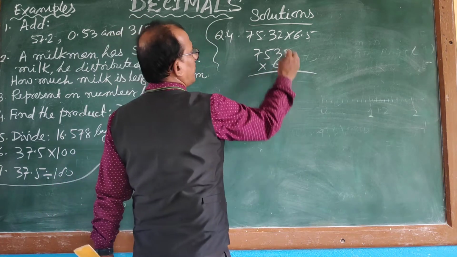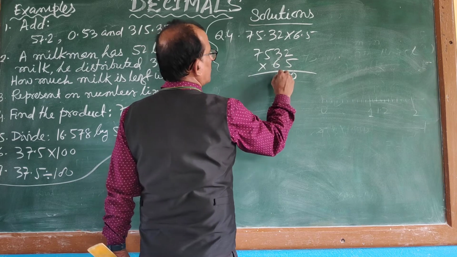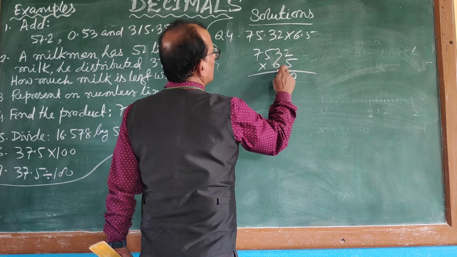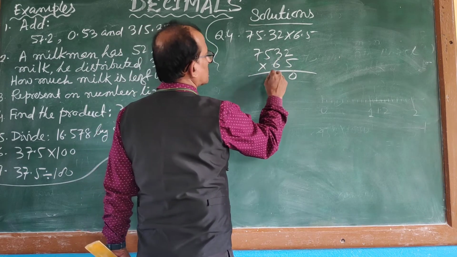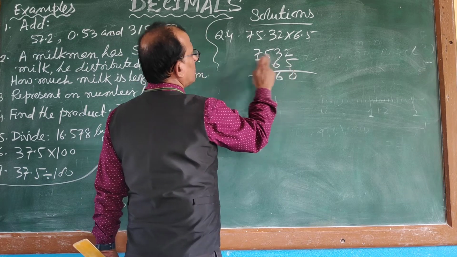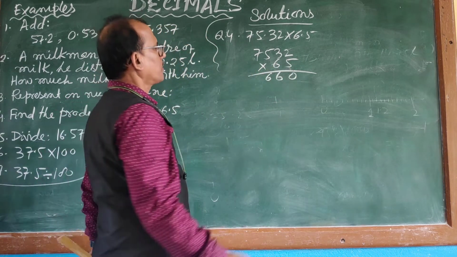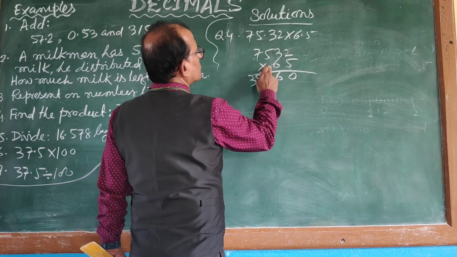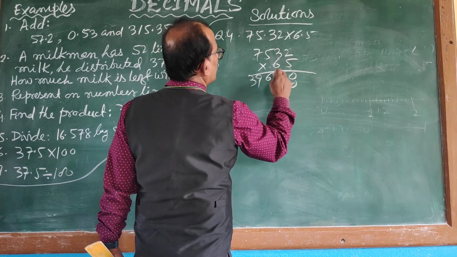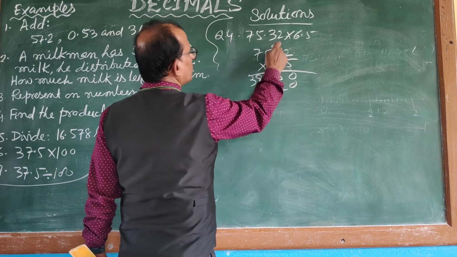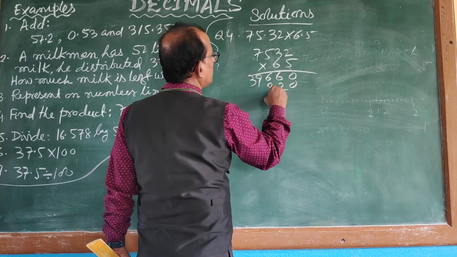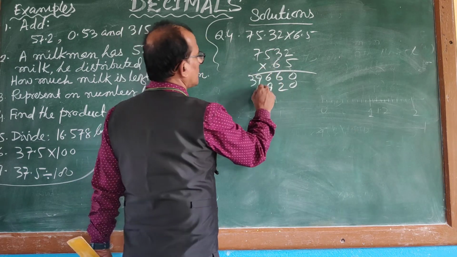Find out the product. 5 times 2 is 10. 5 times 3 is 15 plus 1, 16. 5 times 5 is 25 plus 1, 26. 5 times 7 is 35 plus 2, 39. Okay, now 6 times 2 is 12, 1 carry over. 6 times 3 is 18 plus 1, 19. 6 times 5 is 30 plus 1, 31.